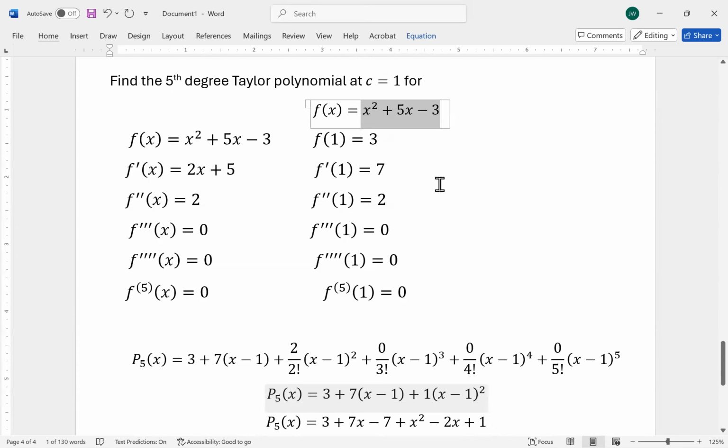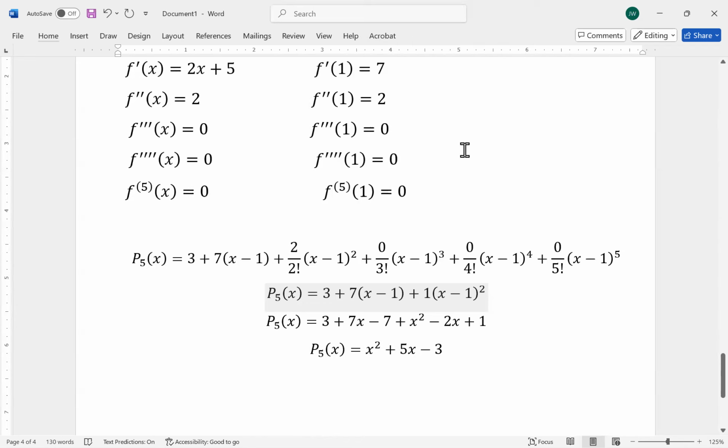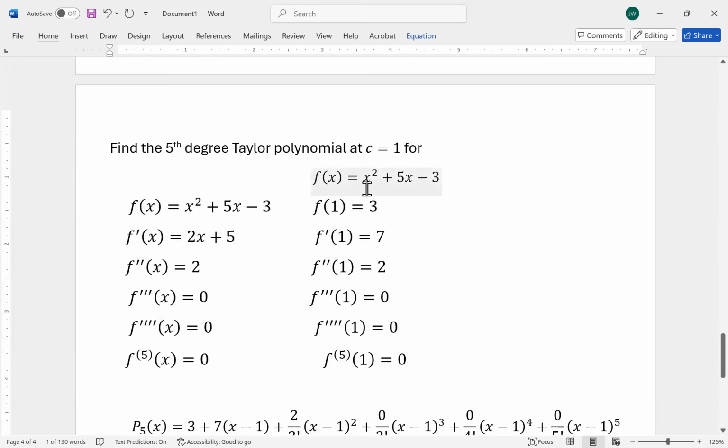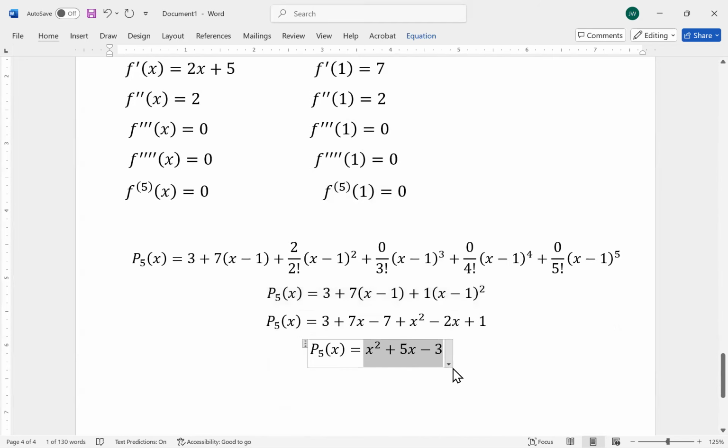So if we do a Taylor polynomial on a polynomial of smaller degree than the degree we're looking for, then we'll get back the polynomial itself, albeit in maybe a different format. And by the way, this wouldn't just approximate it well, it would approximate it perfectly. In fact, you would get the exact same values for the function and the polynomial because they are the same thing.